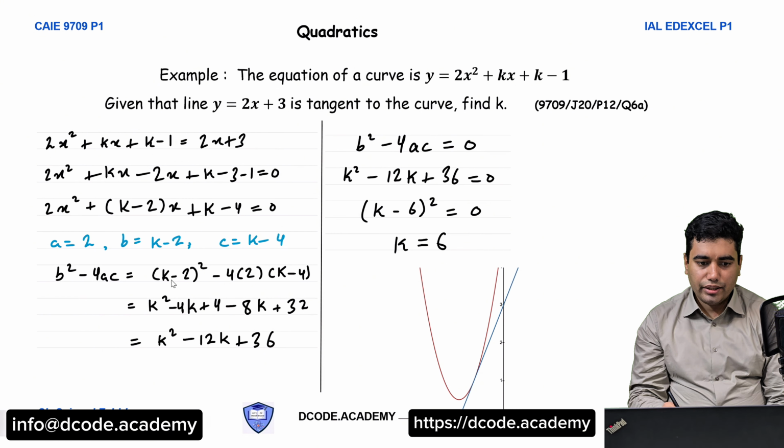From here you need to find the discriminant, b square minus 4ac. This turns out to be a quadratic equation in terms of k. Now we equate this quadratic equation to 0 because the curve is tangent to the line. So we have to solve for k, and it turns out there is just one value of k for which the discriminant will be equal to 0.